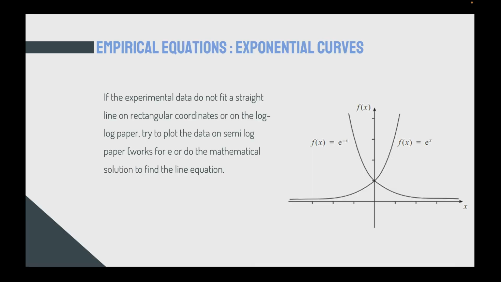Now moving forward, last 5 minutes, exponential curves. How does the exponential curve look like? As you can see on the right-hand side, f of x equals e to the power of x, or f of x equals e to the power of minus x. Now again, if the data doesn't fit a straight line on rectangular coordinates, the regular paper that you have, or even you tried log paper and it is still not giving you a straight line, then you need to plot the data on a semi-log paper, and it should do the mathematical solution for you so that you can find the line equation.